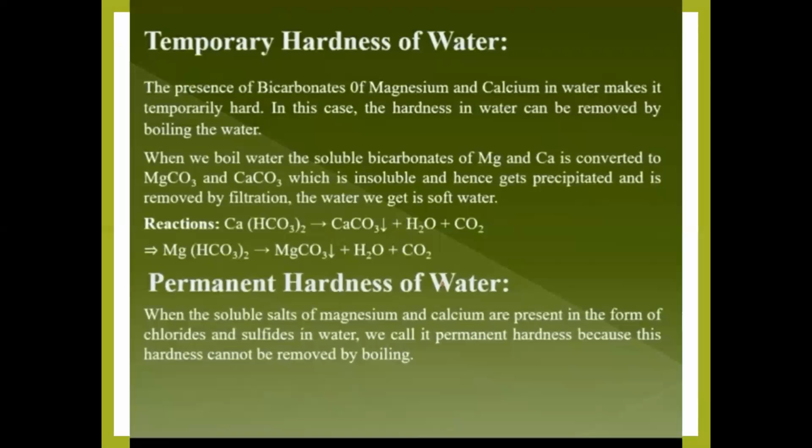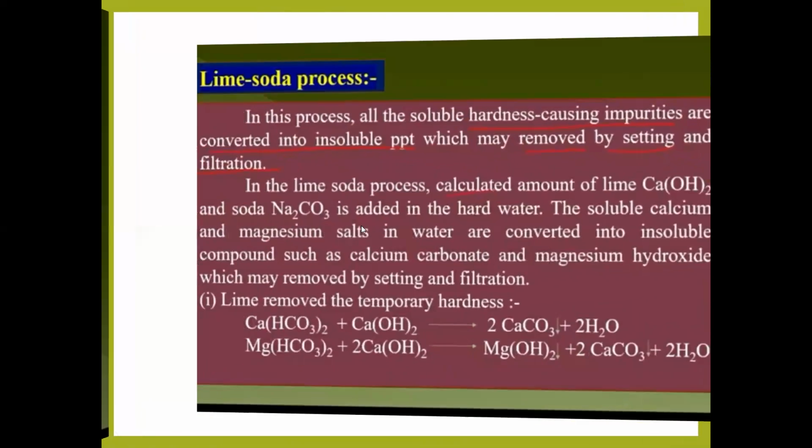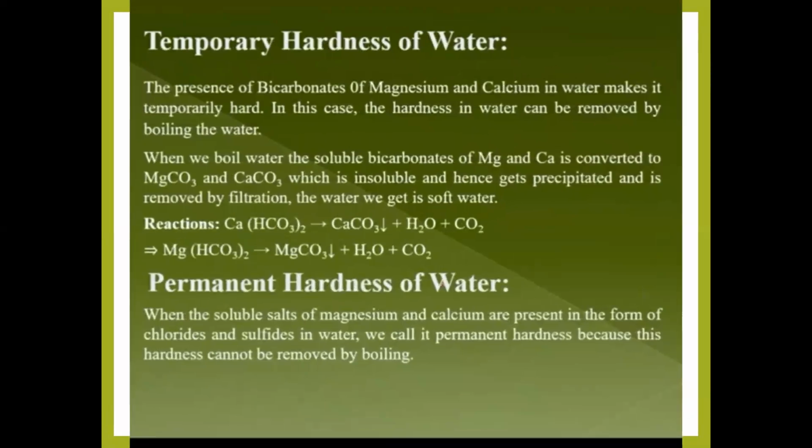During boiling, the bicarbonates of calcium and magnesium decompose into insoluble carbonates and give carbon dioxide. The insoluble carbonates, that is calcium carbonate and magnesium carbonate, will settle down in the form of precipitate, and we can easily filter these impurities from the water, and the water becomes soft.